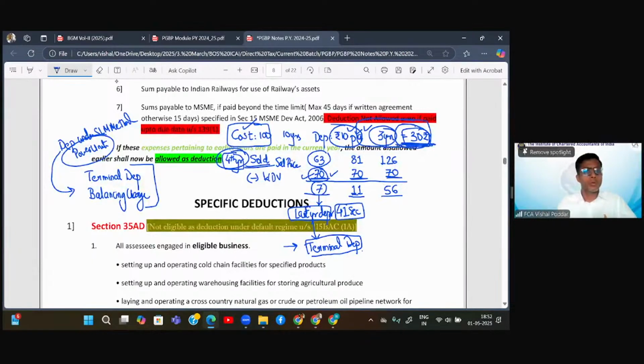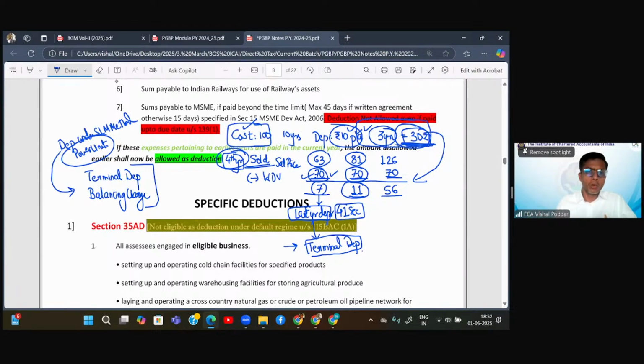Now, the logic is, if you are recovering anything above 70, like here, I'm getting 11. So whatever I'm recovering, I'm first recovering this deduction of 30. So when I'm saying I've got this 11 profit, it is not profit.